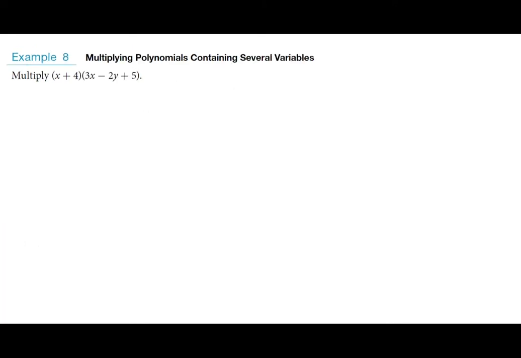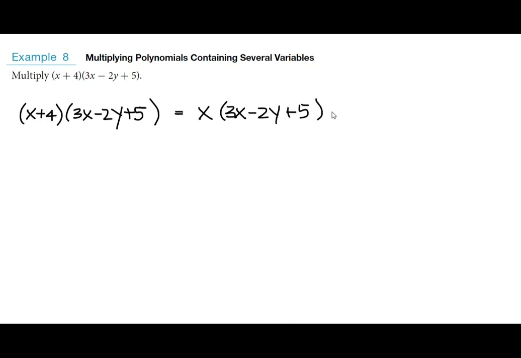The final example from this section is multiplying polynomials containing several variables. So I have the quantity x plus 4, and I'm going to multiply the quantity 3x minus 2y plus 5. So I just have to repeatedly apply the distributive property. So that's going to equal x multiplied by 3x minus 2y plus 5. And then I'm going to have plus 4, and that's going to multiply that quantity 3x minus 2y plus 5.